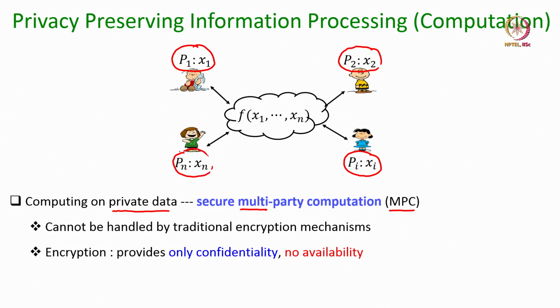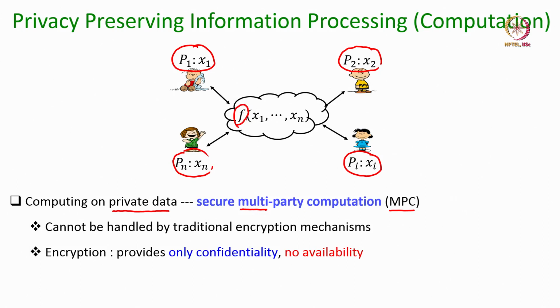Well, that ensures that the data remains confidential, in the sense that as soon as I encrypt the data, it becomes jargon for everyone else. No one can figure out what exactly the contents of the encrypted data are. But then you cannot compute the value of the function f on the encrypted data.